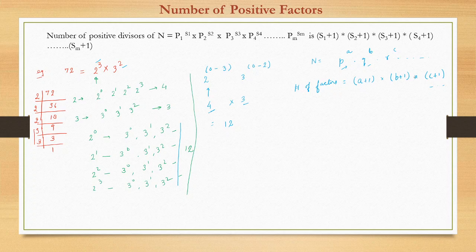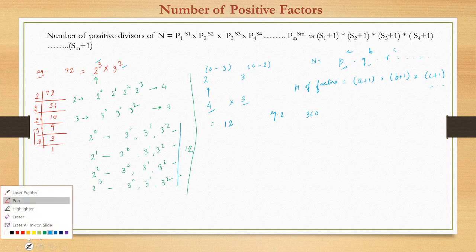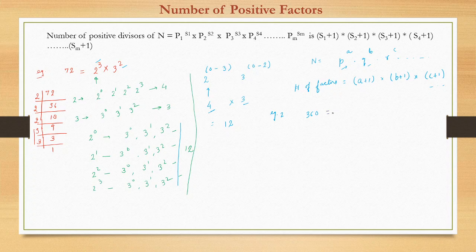So multiplying each one of them, we get (a plus 1) into (b plus 1) into (c plus 1) and so on. So this way we can see. Now let's look at another example, say 360. We first need to prime factorize 360.